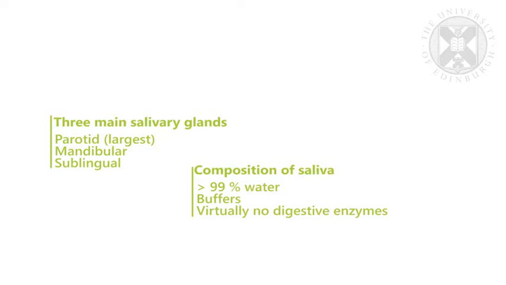These buffers are important because when the saliva is swallowed and goes into the stomach, it buffers that environment, which keeps the pH of the stomach at the right level. Saliva has virtually no digestive enzymes, so it doesn't start to break down the feed. The main function of saliva is lubrication to facilitate the swallowing of the feedstuffs, and also to buffer the stomach contents.